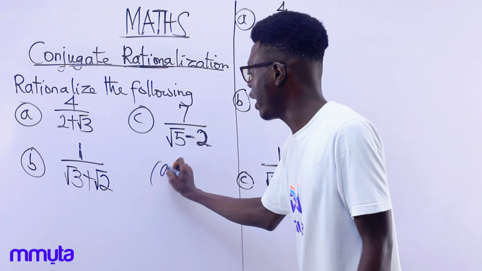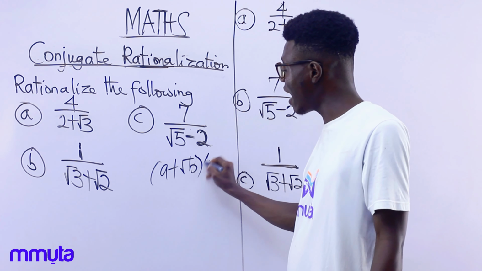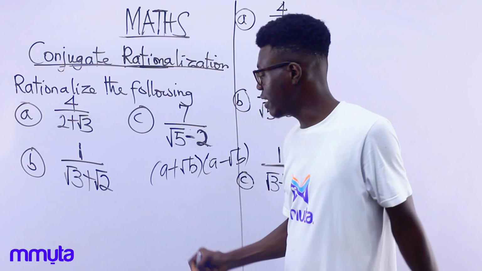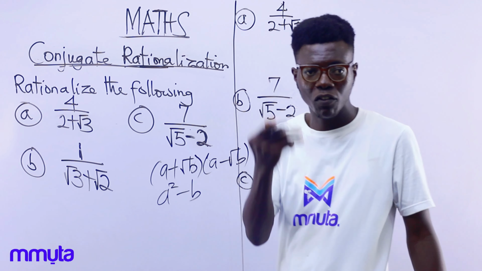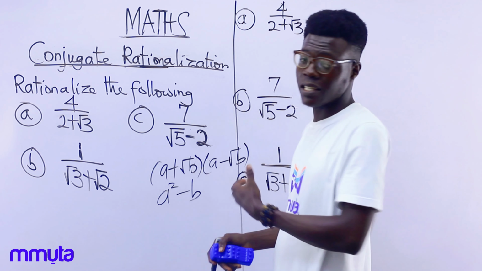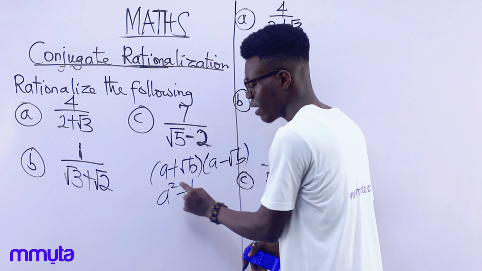If you have a plus root b, the conjugate of a plus root b is a minus root b. And if you multiply this, the answer is simply going to give you a squared minus b. We've done that before. If you multiply a plus root b times a minus root b, this is actually the difference of 2 squares. You are going to get a squared minus b. And this is a rational number.